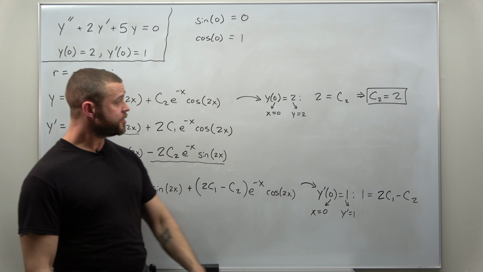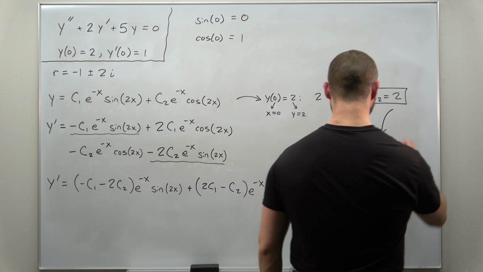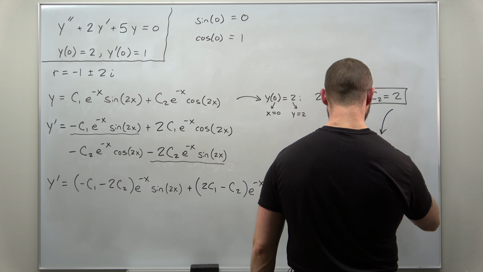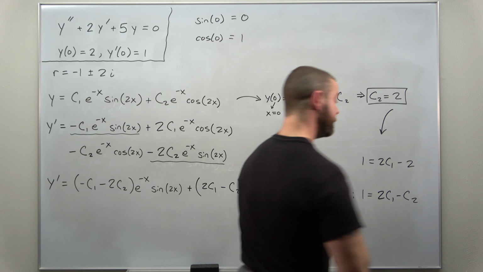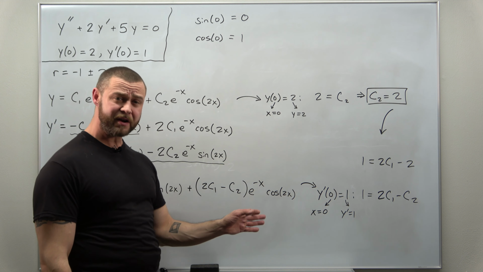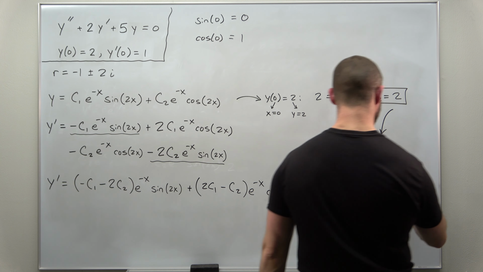Now we already know the value of c2, so we can plug that in. And it looks like what we're going to be left with is the simple equation 1 equals 2c1 minus 2. And you're probably okay with the basic math from here. Add 2 and then divide by 2.